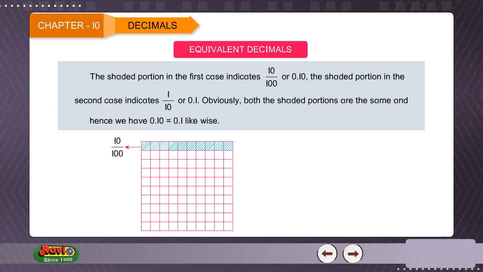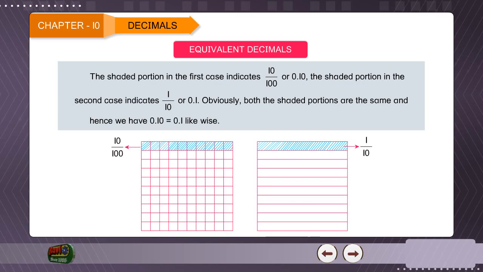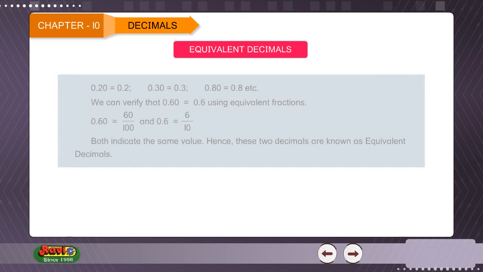Likewise, 0.20 is equal to 0.2, 0.30 is equal to 0.3, 0.80 is equal to 0.8, etc.